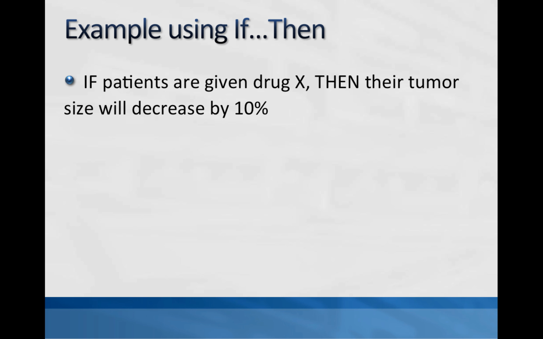Here is an example of a hypothesis, and this is one for drug research. If patients are given drug X, then their tumor size will decrease by 10%. So right here, you know you have patients, you have a drug, and you expect the tumor size to decrease by a very specific amount.